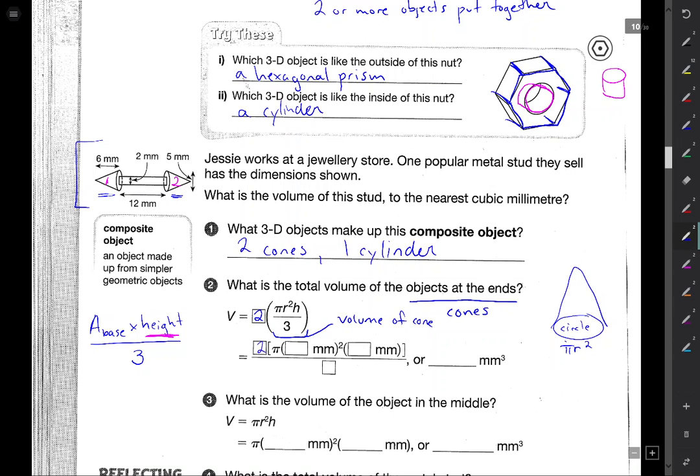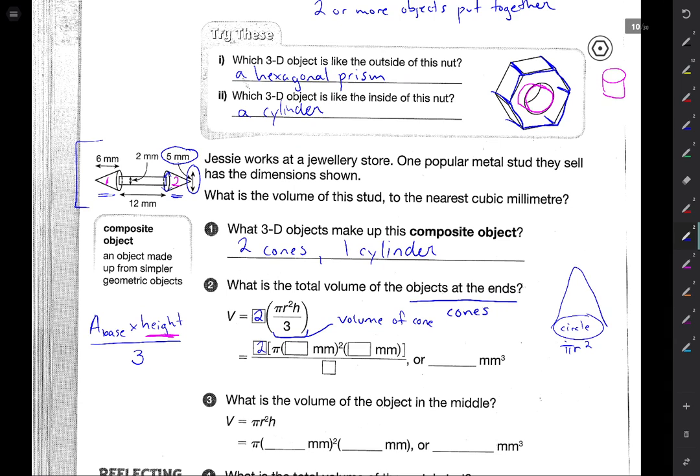And now we have pi, the radius of those cones. If we look, the distance all the way across they gave us is 5. That's the distance from here to here. It's kind of hard to see. I'm trying to write it on there. Here to here. So the radius would be half of that, because diameter goes all the way across and radius is half.